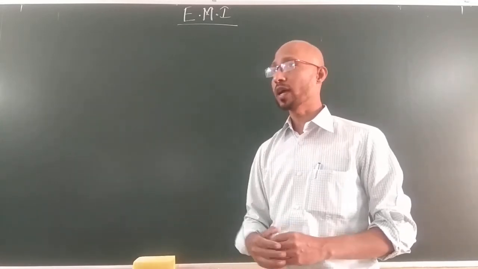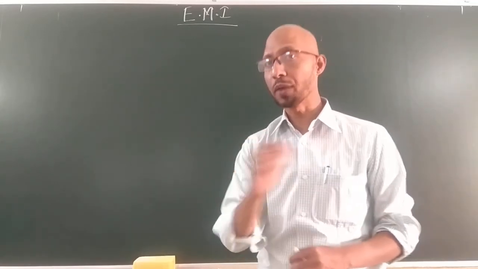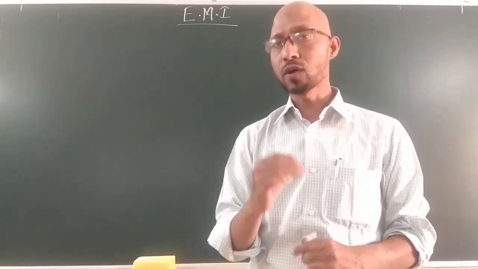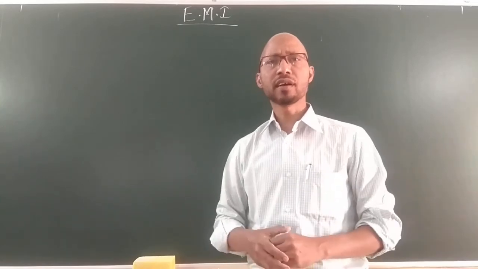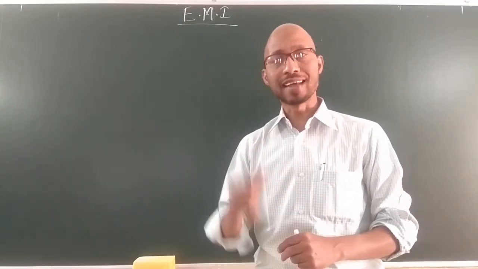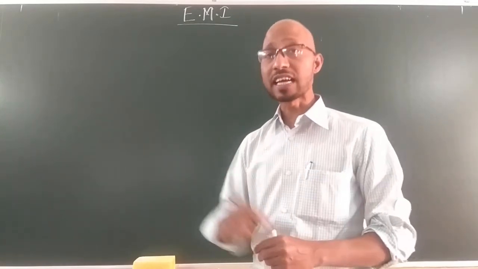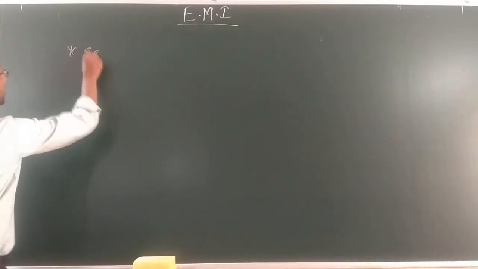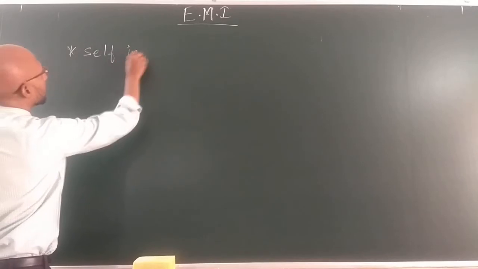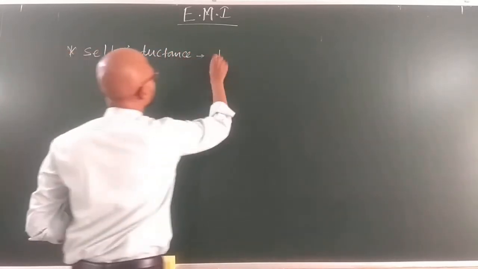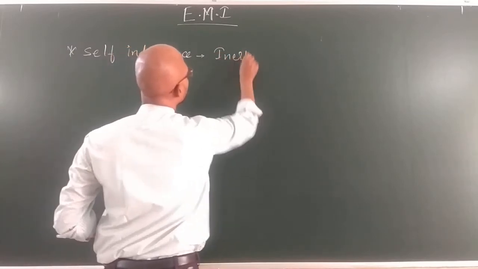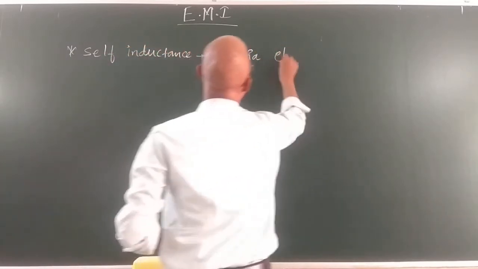Okay, one more point is very important here. Because it opposes growth and also opposes decaying, that is the decreasing, that's why it is called the inertia of electricity. This is a very important word for you. Self-induction or inductance is called inertia of electricity.